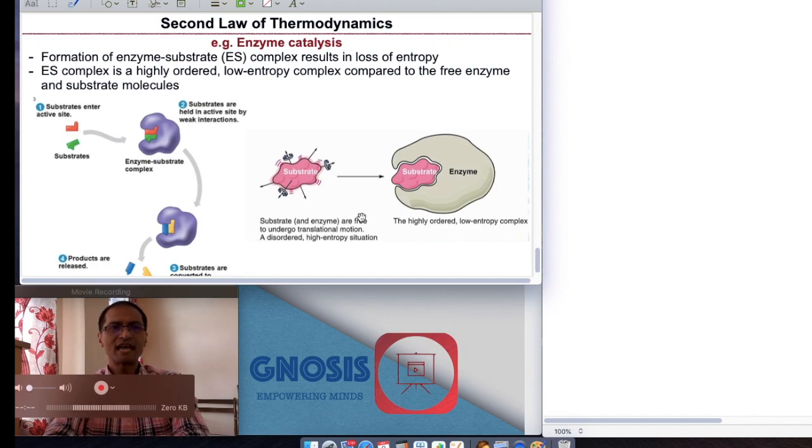Now, when we study enzymes, they catalyze a reaction by forming what we call the enzyme substrate complex. The formation of the enzyme substrate complex will always result in loss of entropy. The reason is that the enzyme substrate complex is a highly ordered, low entropy complex.